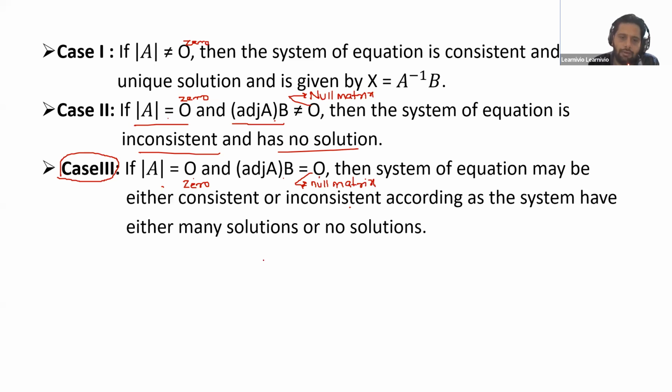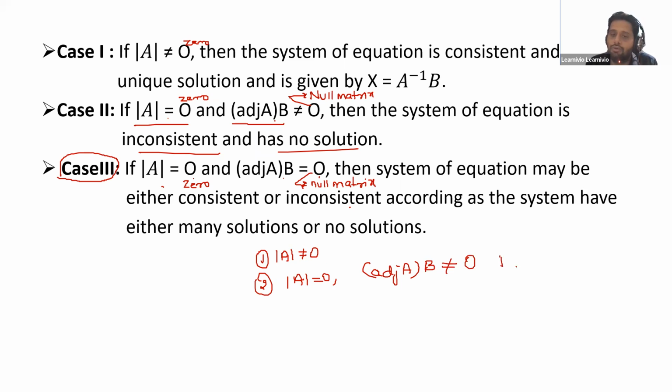So we will write again from here. In the first case, we find the determinant and this is not equal to 0. So everything is fine here. Here we have the consistent unique solution. In the second case, if determinant is equal to 0, then we will find adjoint of A into B. If this is not equal to the null matrix, then no solution, inconsistent.